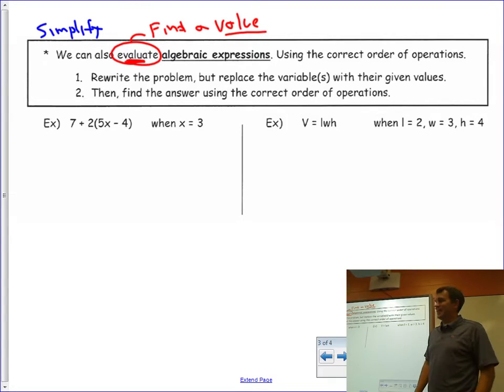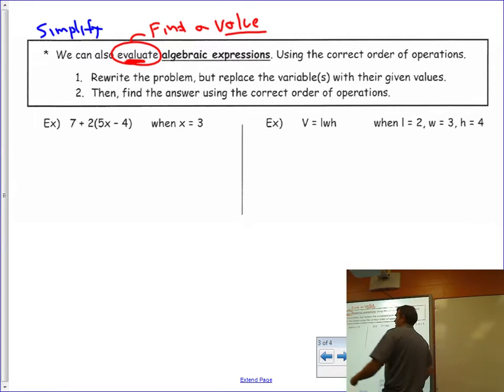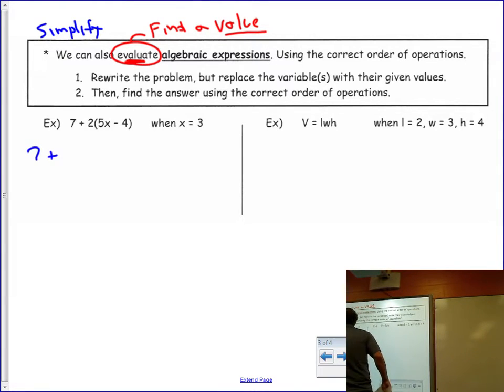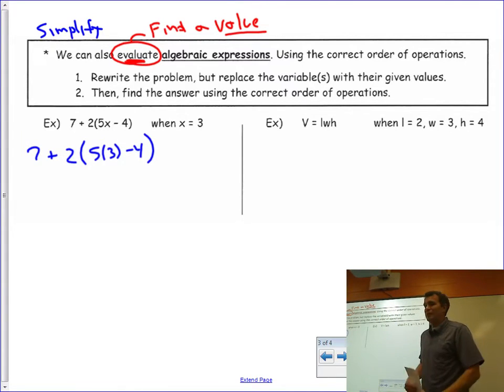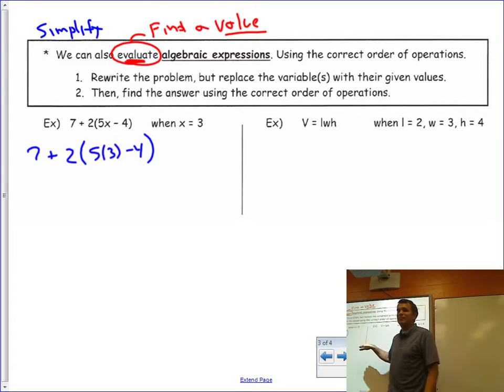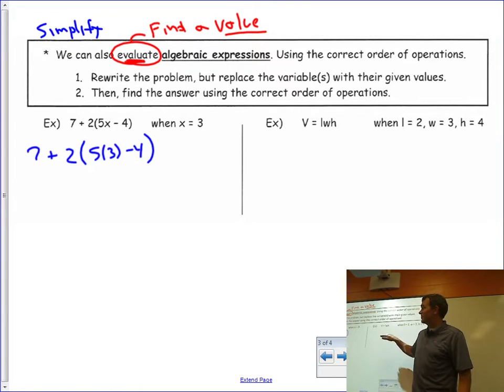So in the first example, the first thing I would do is replace the x with 3. So I'm going to rewrite the problem. But I have replaced the 5 times x with 5 times 3. And then I'm going to do the correct order of operations.